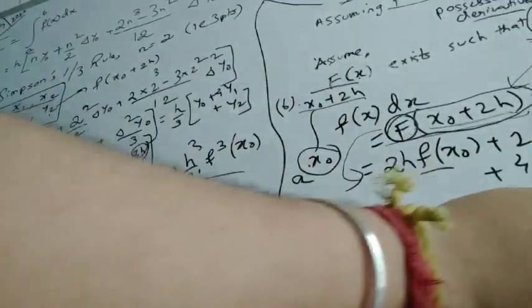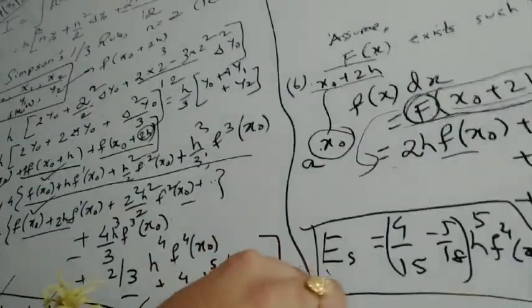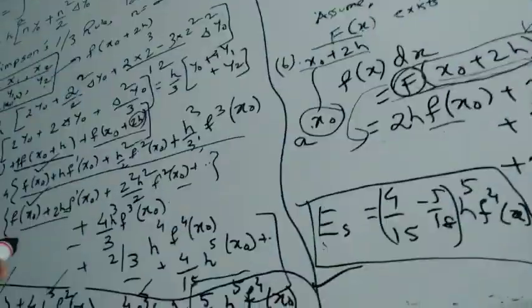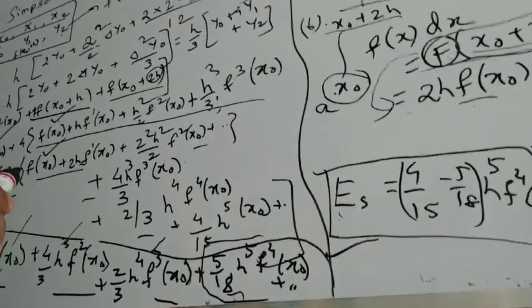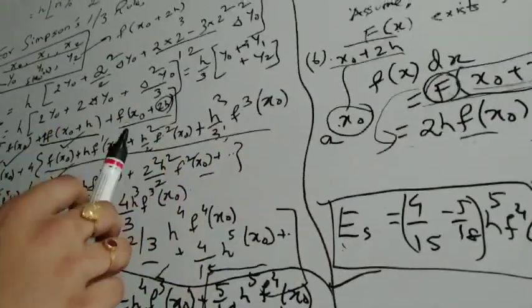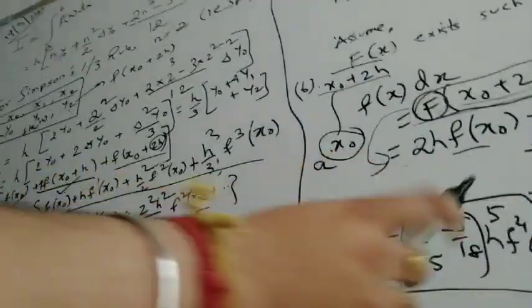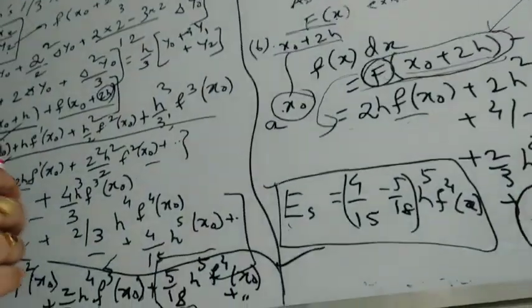The first term you will get in the error term is this one. So this term and this term will be our first term in the error expression, neglecting the higher order terms, that means from h6, h7, h8 we are neglecting. So we are considering only the first term.